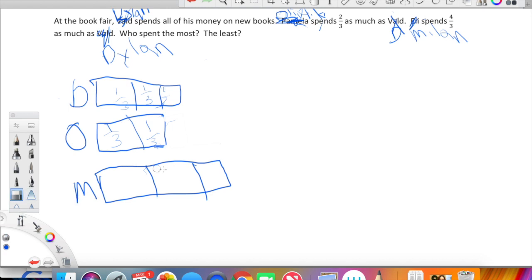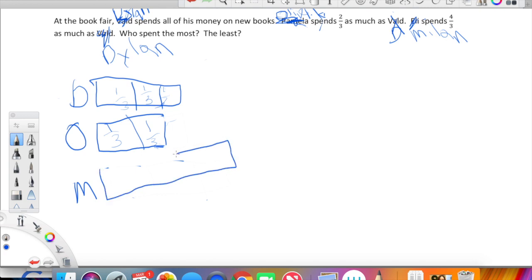Sorry, this is not as neat as I would expect. Okay. So this is supposed to be 4/3. Sorry about how diagonal this is. Okay. So each of these will be 1/3.